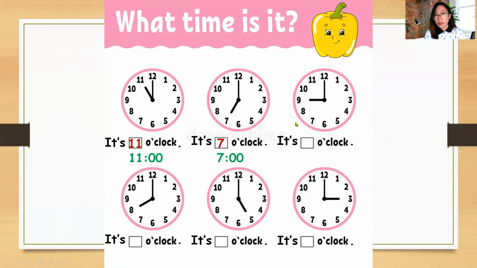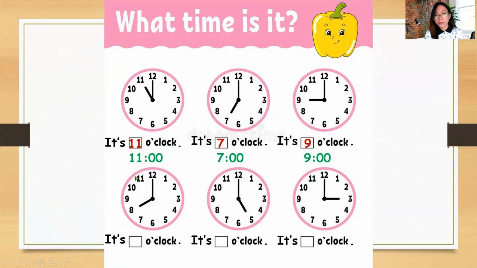Here. What time is it? What number? It's 9 o'clock. Very good. And we write it as 9, and then followed by 2 zeros.